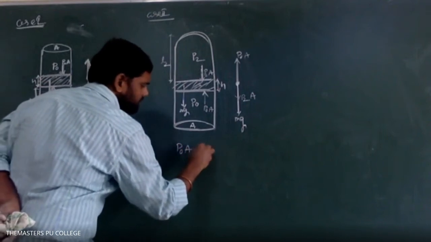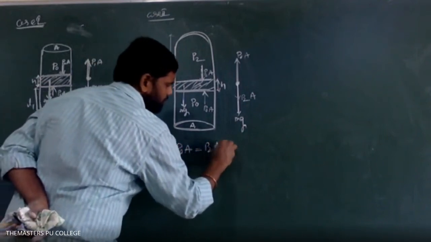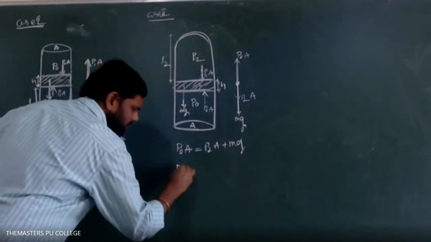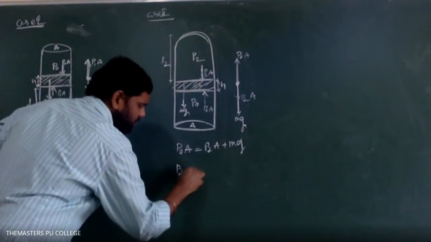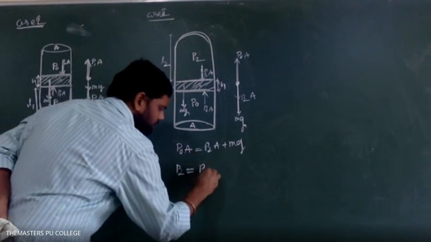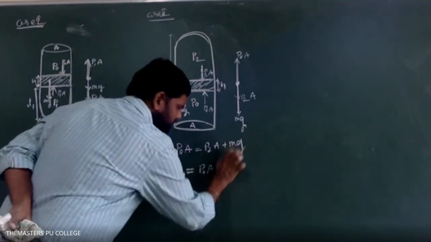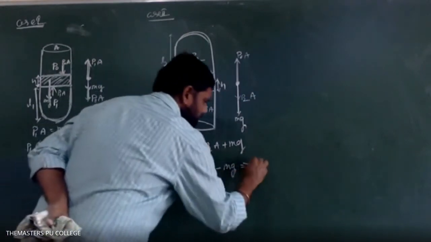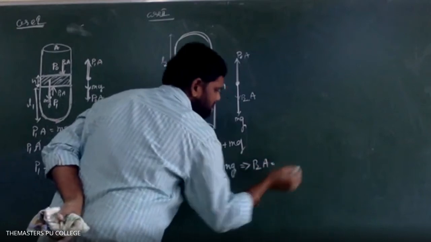P0A equals P2A plus mg, and taking this mg to this side, we can write P2A equals P0A minus mg.